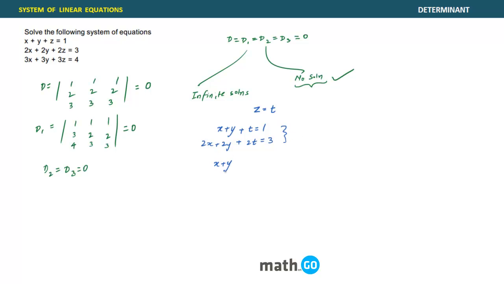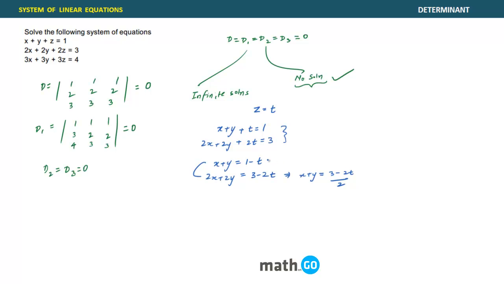So this will become x plus y is equal to 1 minus t. This will be 2x plus 2y is equal to 3 minus 2t. Can you see this? Can you notice these two are nothing but parallel lines? In fact, if I reduce this, it becomes x plus y is equal to (3 minus 2t) by 2.